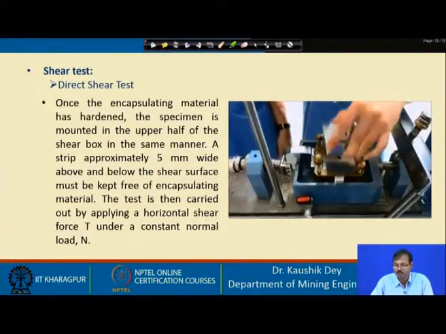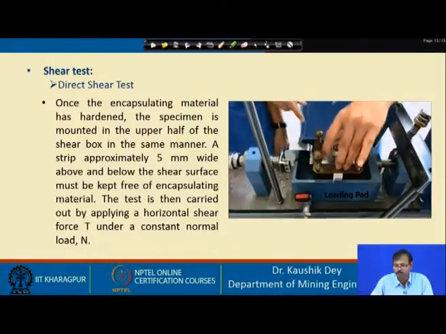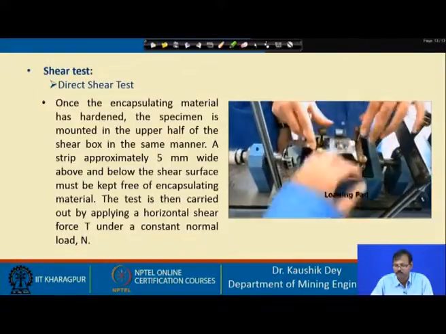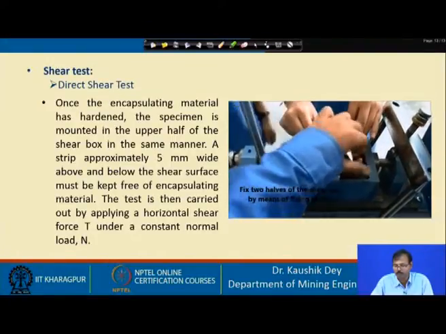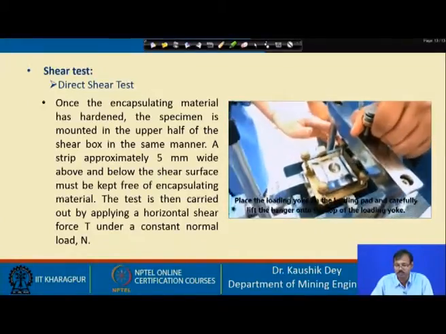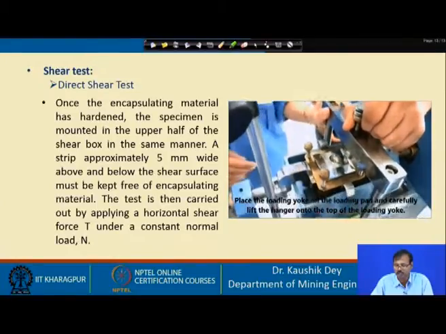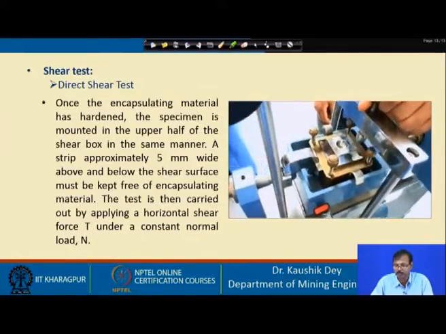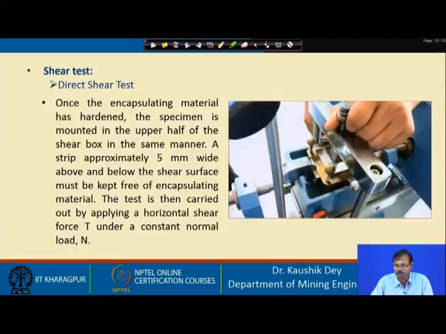Now the loading pad will be placed on that, then the normal load, which is under hanging condition, will be placed on this.